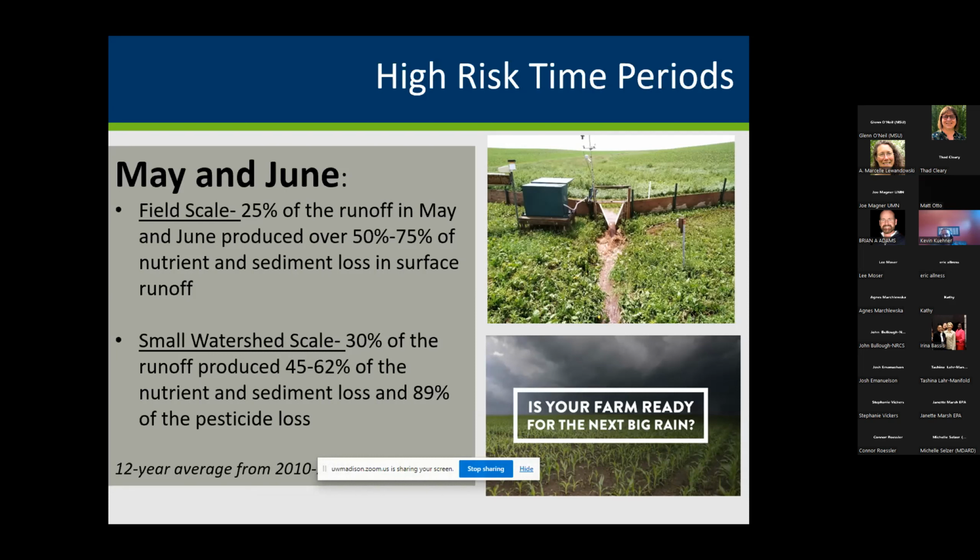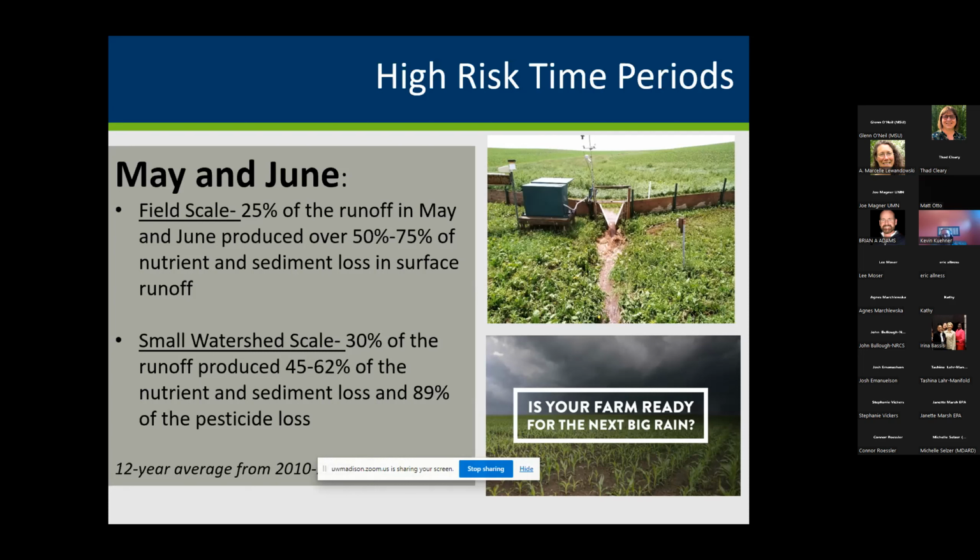At the field scale, about 25% of the runoff coming off these fields in May and June produces a disproportionate amount of nutrient and sediment loss: 50 to 75% of our nutrient and sediment loss in surface runoff in just those 2 months.